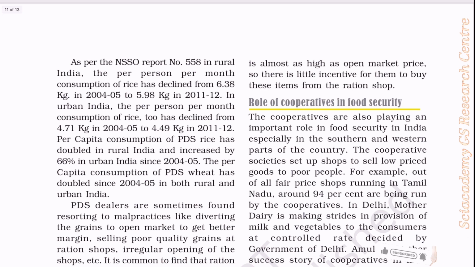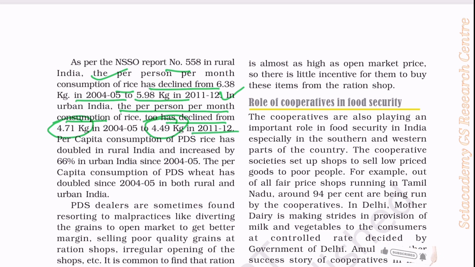As per the NSSO report number 558, in rural India, the per person per month consumption of rice has declined from 6.38 kg in 2004-5 to 5.98 kg in 2011-12. In urban India, the per person per month consumption of rice too has declined from 4.71 kg in 2004-5 to 4.49 kg in 2011-12.